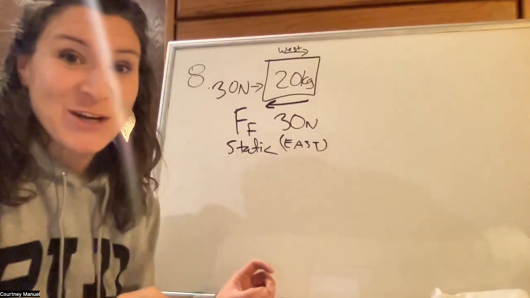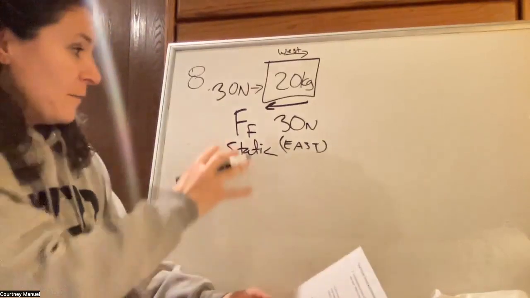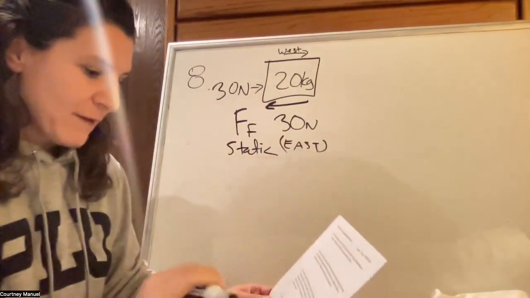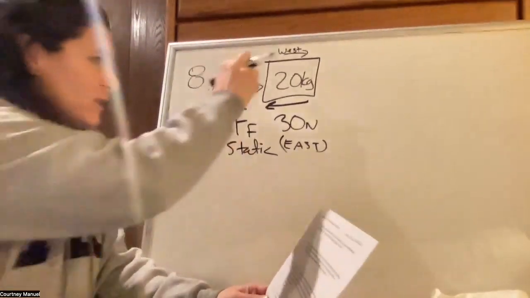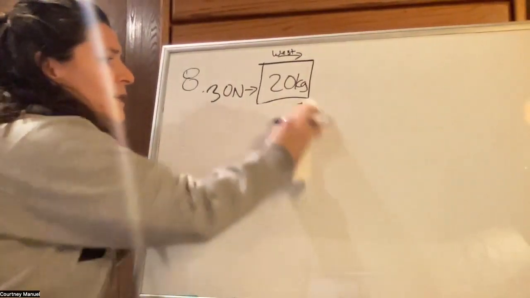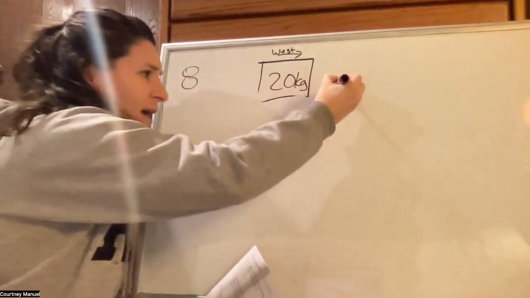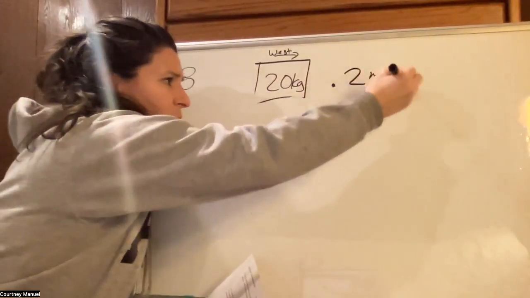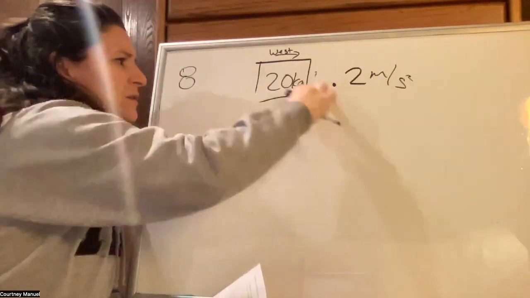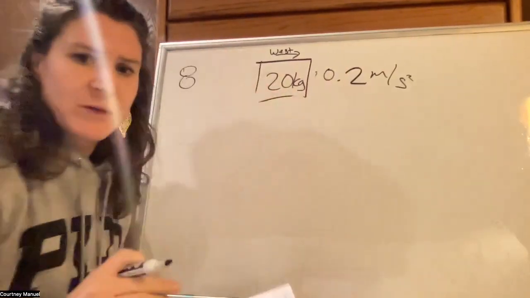Now we need to find our kinetic, and this is a little more steps to it, okay? Because whatever the static is doesn't necessarily dictate what the kinetic is. We got to find it ourselves. But we've got a 20 kilogram object. I'm going to get rid of this, folks, because now we're going to make this thing accelerate, and it is going to accelerate at 0.2 meters per second squared. 20 kilograms at 0.2 meters per second squared.